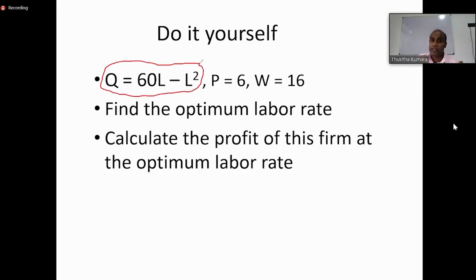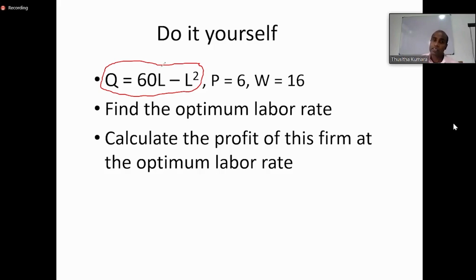How to check that? We assume that output is a function of capital and labor, so we put Q equals F(K, L), which simply says output depends on the variation in capital and labor. But in this functional form, there is no K term, which says that K is fixed.